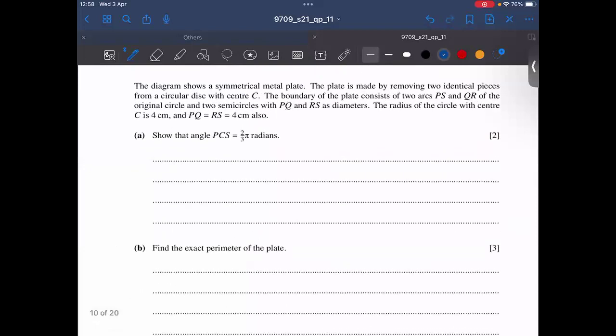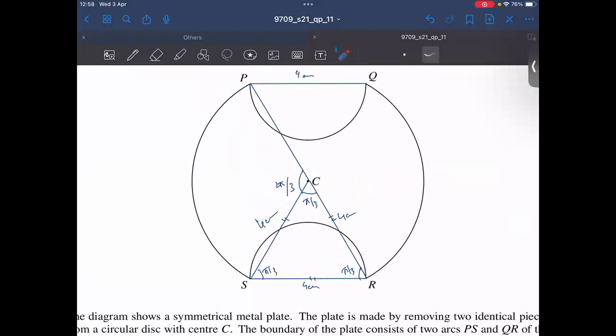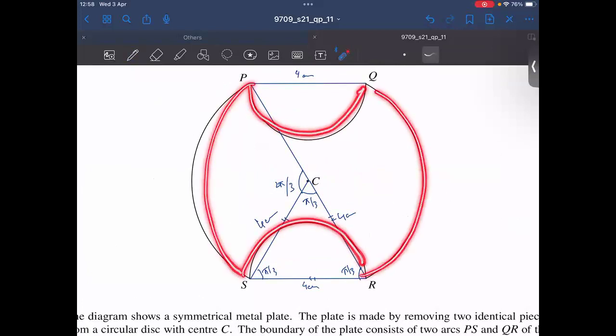Find the exact perimeter of the plate. So Iman, can you just calculate the perimeter for me? We need to look at what are the boundaries of the plate. What are the lengths that are part of the boundary? We have this length, this length, this length, and this length.